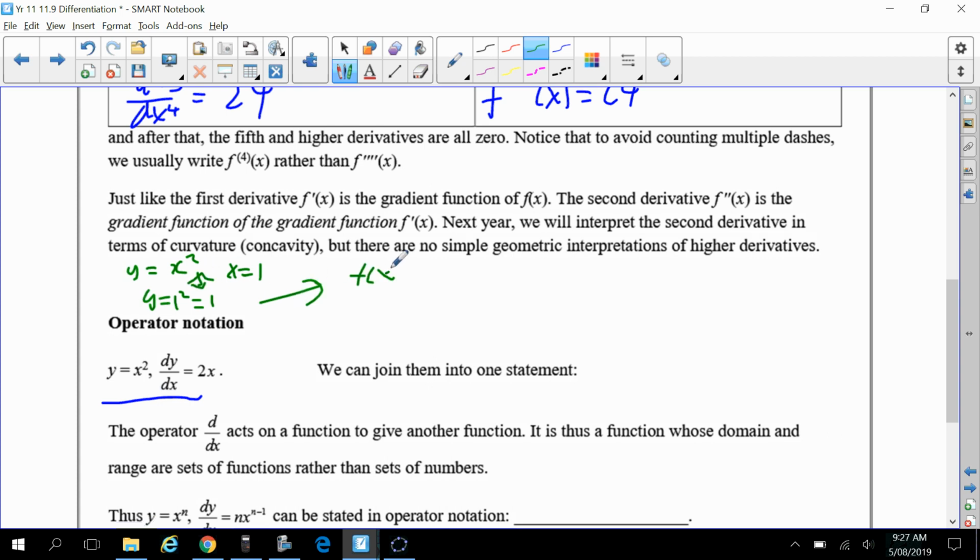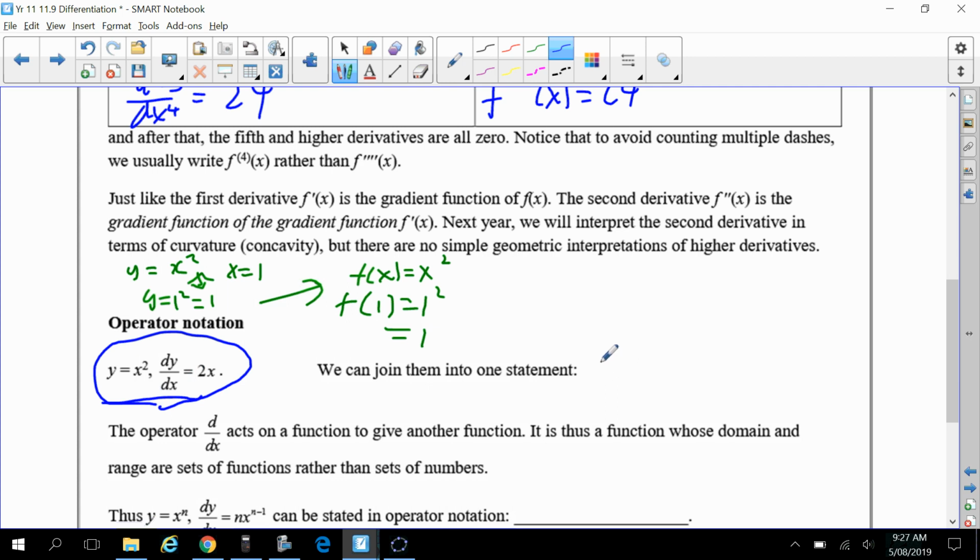So we have f(x) equals x squared, and we link it in one sentence. And the same thing with the derivative. How does it work? We can join these two together under one statement. It's like a conjunction in English, where you join two sentences together using 'and' or whatever.